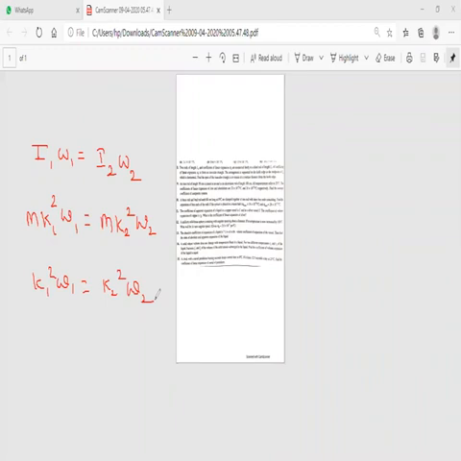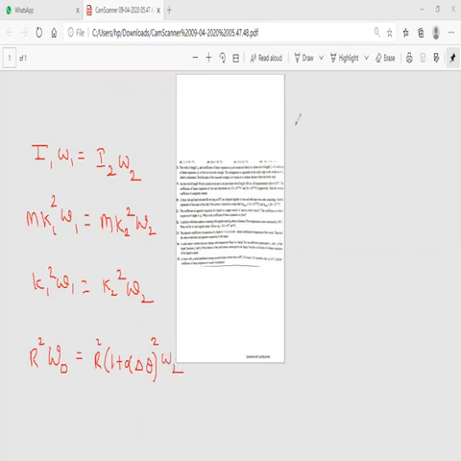So according to that, initial length I consider R, of course it is square, omega 1, in place of omega 1 they have given omega naught, and the final length K2. The final length is given by initial length into 1 plus alpha delta theta. Of course, K2 square is there now, you can write like this, into omega 2.